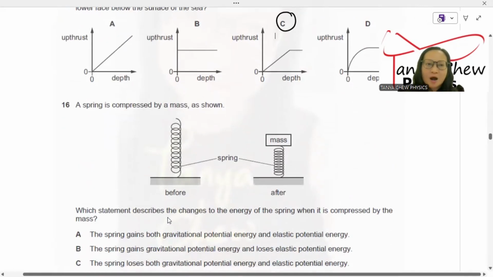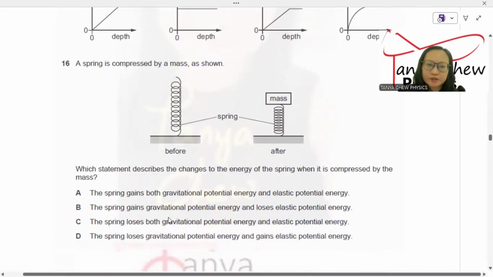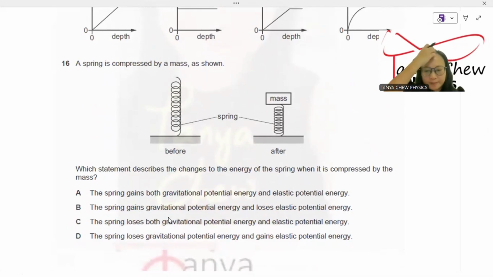Number 16, a spring is compressed by a mass as shown. Which statement describes the changes to the energy of the spring when it is compressed by the mass? Could you see that the spring is initially higher? So it has higher gravitational potential energy because it is away from the ground, but when the mass is pressing it down, it lowers its gravitational potential energy.